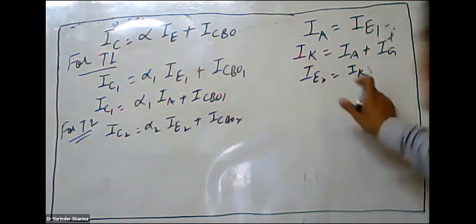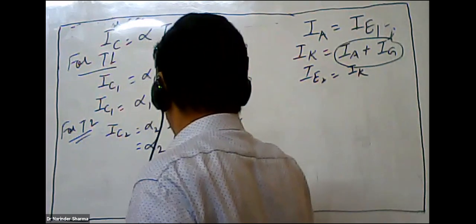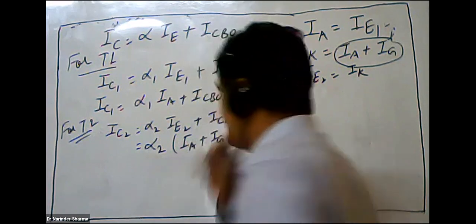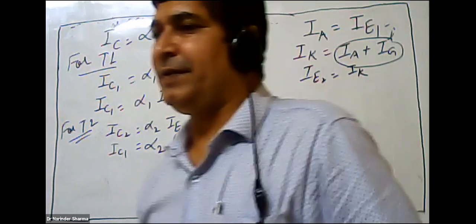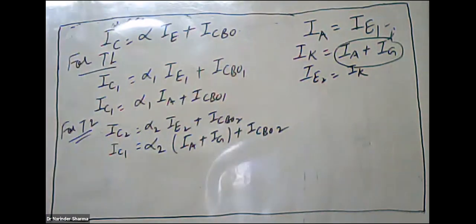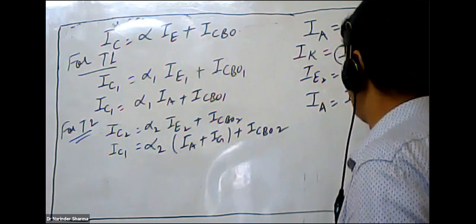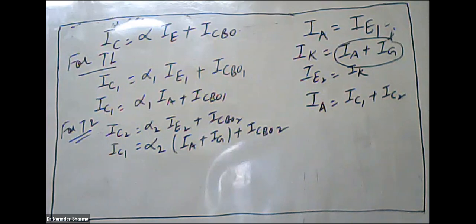We substitute this value, so this IA plus IG should be substituted over here: IC2 equals alpha 2 into IA plus IG plus ICBO2. As for the anode current, it is always equal to the sum of both the collector currents.